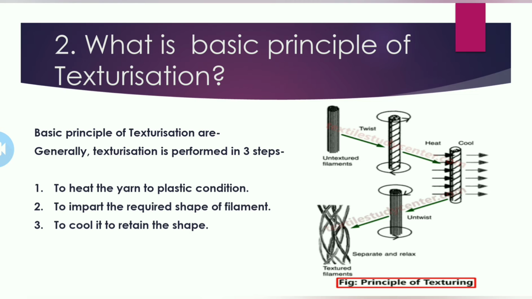The yarn is distorted to enable new bonds to form between polymers. When the yarn is untwisted or otherwise released from its distorted state, the filament remains in a coiled or crimped condition.